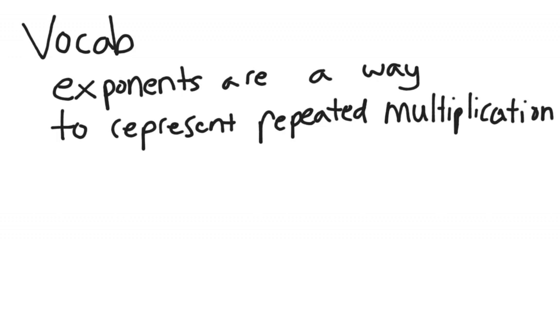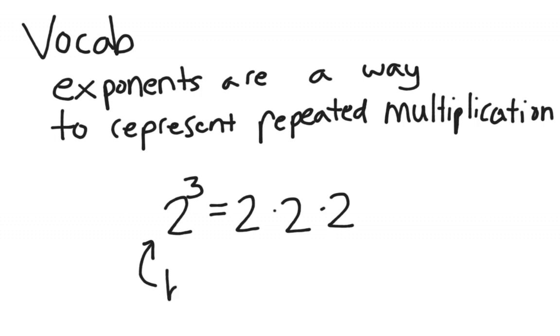So we need to know that exponents are a way to represent repeated multiplication. For example, if I have 2 to the third power, that means 2 times 2 times 2. The number that we multiply is called the base.